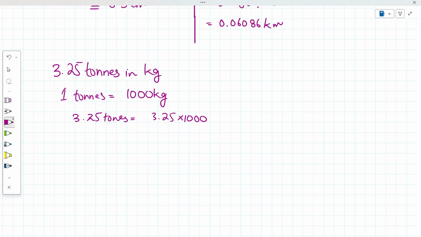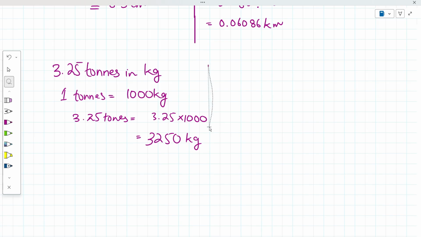Bigger unit to smaller unit means multiplication. Now it will be 3250 kg. I hope it is simple to you.